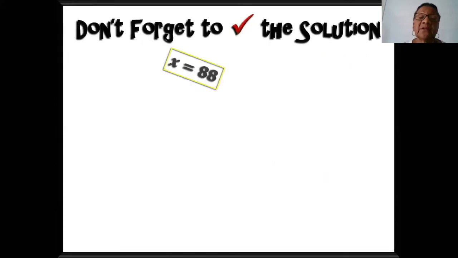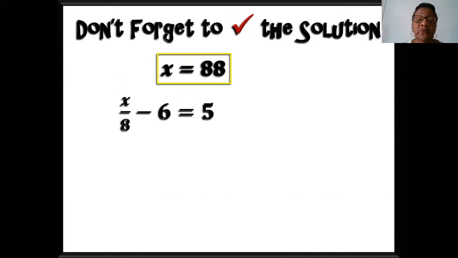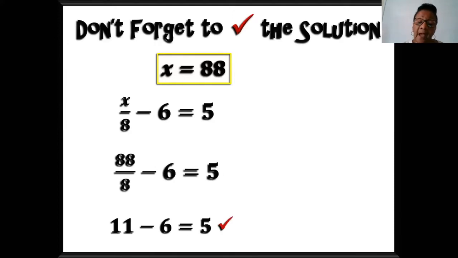Now, don't forget, remember, we check our solution, and that prevents us from passing up wrong answers. And so, that is our answer. X is equal to 88, the correct solution.